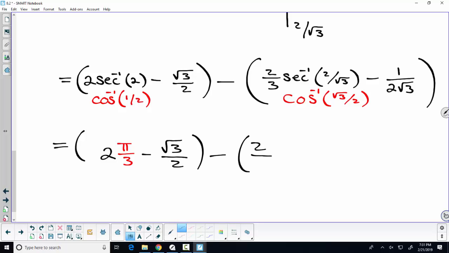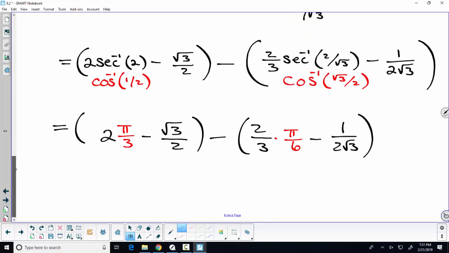And the cosine of what gives us root 3 over 2? Yeah, good, pi over 6. Okay. And then whatever, the rest is sort of numeric. 5 pi over 9 minus root 3 over 3. That's what you should get.